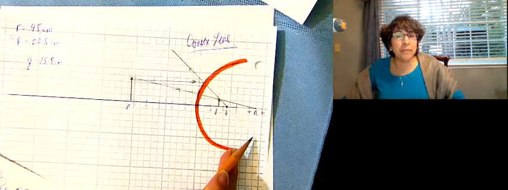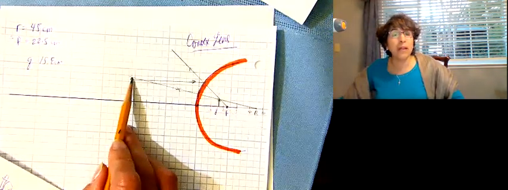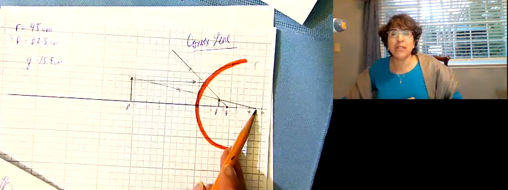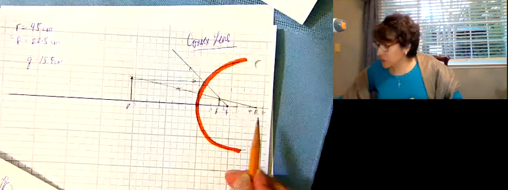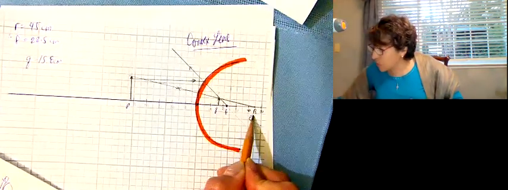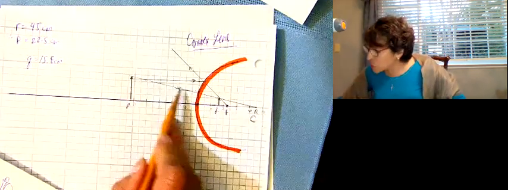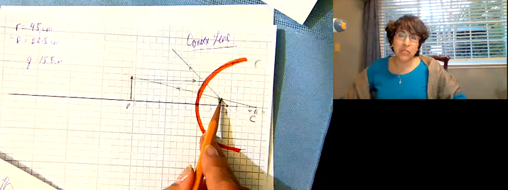That's one of them. The other one is the top of your object, not your image, and it goes straight through the center. So that's double the focal distance. Okay, so this is called the center, which I put R for radius, the radius there. All right, so that one goes straight through, and notice that those two lines intersect, and that's where my image is.